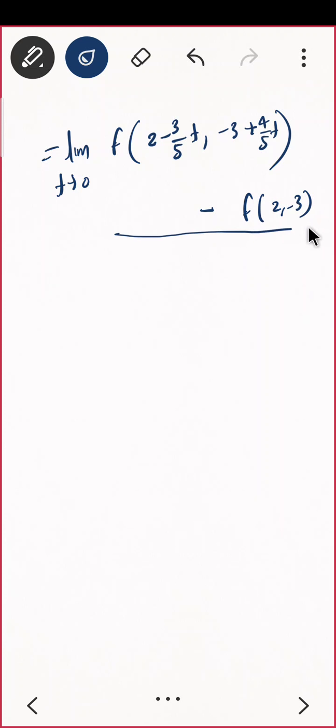Let us quickly do that. You just have to put in and solve this thing.